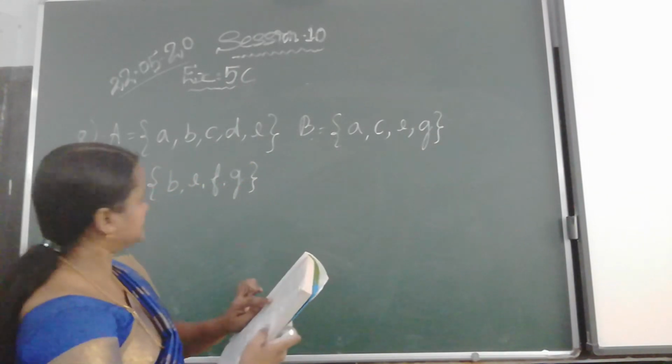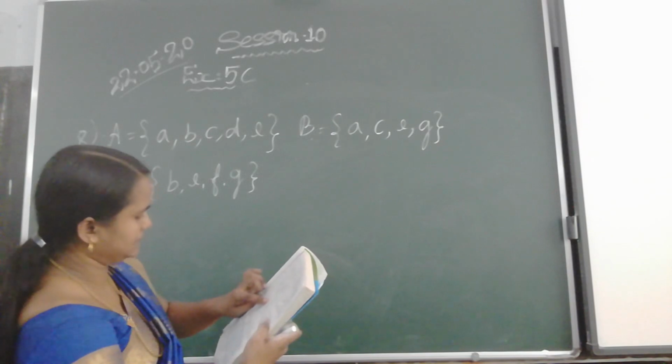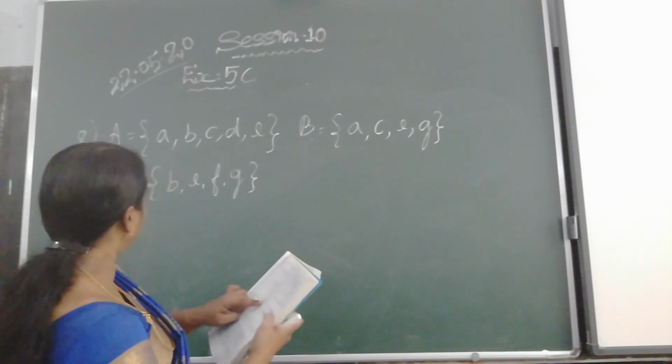A means A, B, C, D, E; B means A, C, E, G; and C means D, E, F, G.